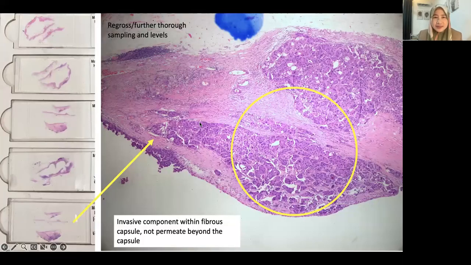Further thorough sampling was done, and in one area where we found the invasive component, the levels show increasing size of the invasive component, but still within the fibrous capsule, not permeating beyond the capsule.